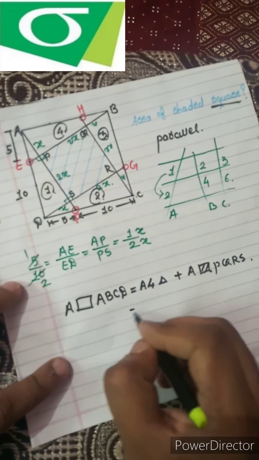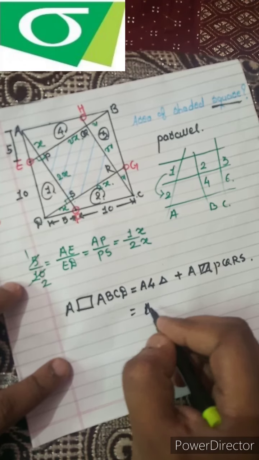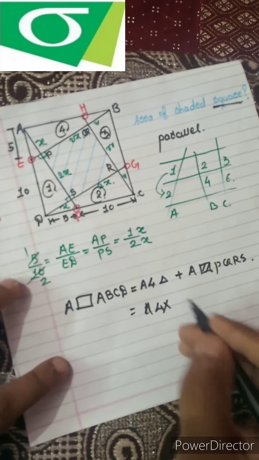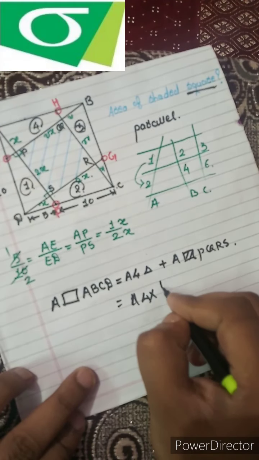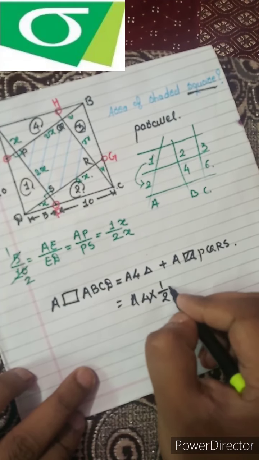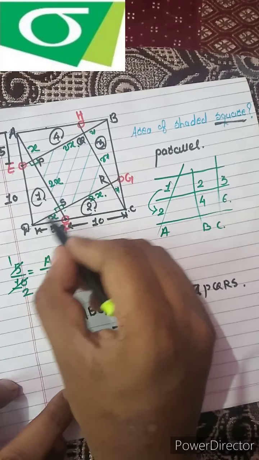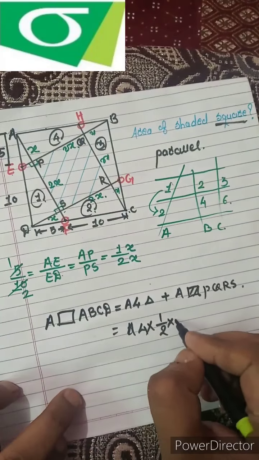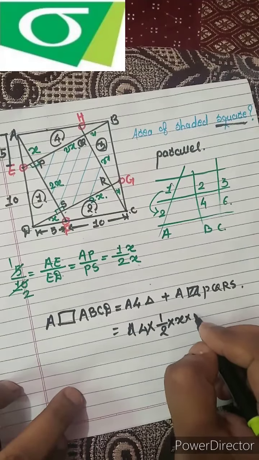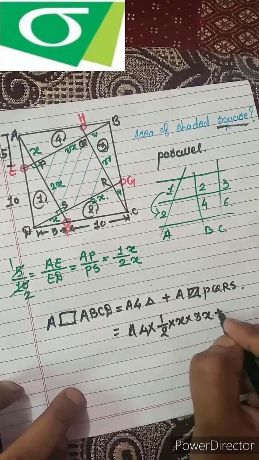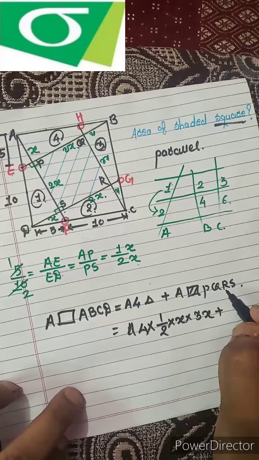Now area of the triangle, 4 into, what is the formula of the triangle? Area of triangle is half into base into height. Here observe, what is the base? x, and the height is 3x. So 4 into half into x into 3x, plus area of the square, which is side squared.